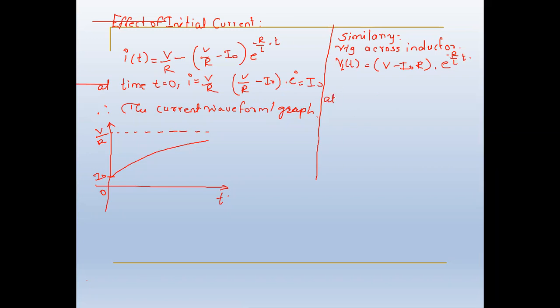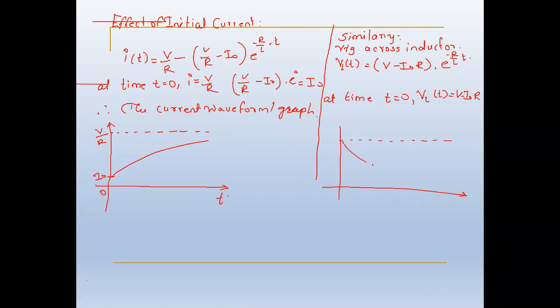So at time t is equal to 0, VL of t is equal to V minus I0 into R. Therefore the variation of VL of t versus time will decrease exponentially.